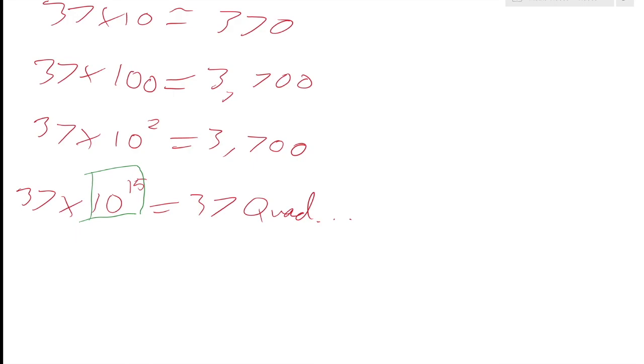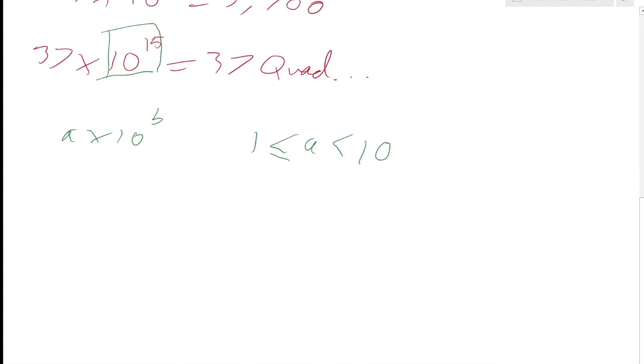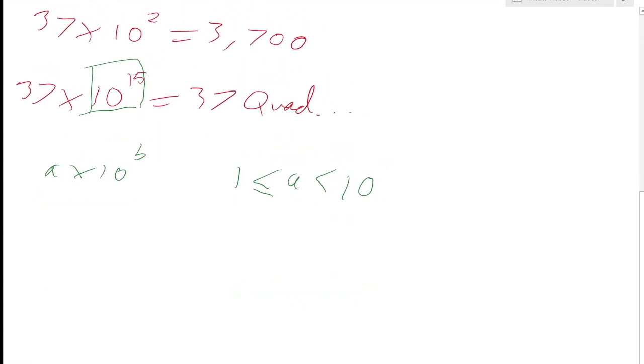Because one of the rules of standard form, if you have some number a times 10 to the b in standard form, a has to be between 1 and 10. So a has to be a single digit or a single digit followed by a decimal. So in this case, 37 is not between 1 and 10.